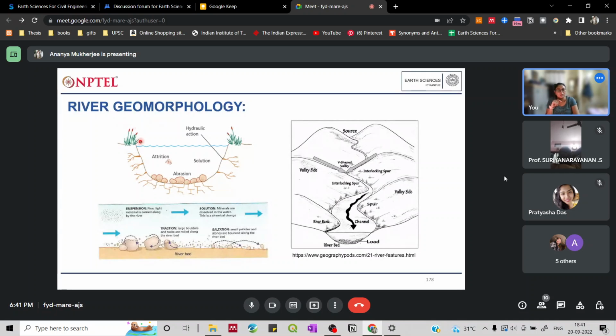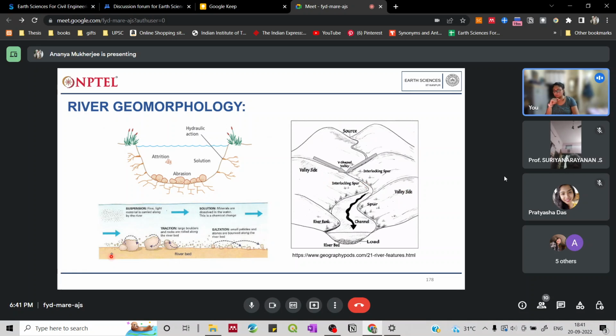River geomorphology, also called fluvial geomorphology, is due to the action of the different sediments that are carried by the river, starting from the source all the way to the delta. Most of the erosion happens in the source part of the river system, and also the mid part, as I had explained before.